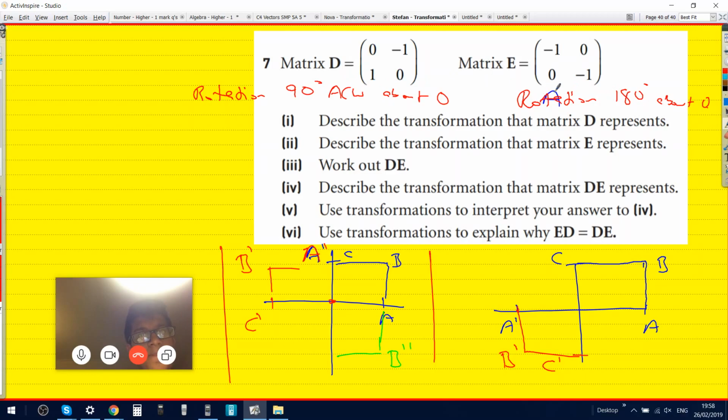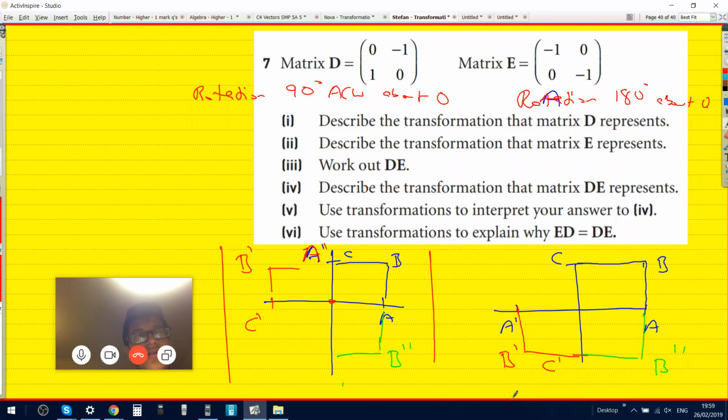So we'll do DE and then ED. This green one is the rotation 90 degrees anti-clockwise followed by a rotation of 180 degrees. And then this one is rotation 180 degrees followed by a rotation of 90 degrees anti-clockwise, which is in the same place.